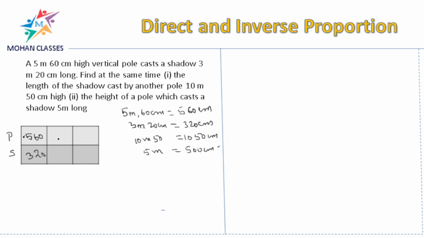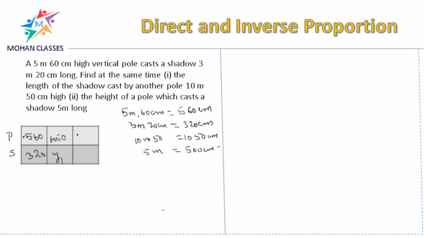Okay. So here P1 is given 10 meter, 1050 centimeter. Here you have to find out what is y1. So here the height of a pole which caused a 5 meter long shadow.